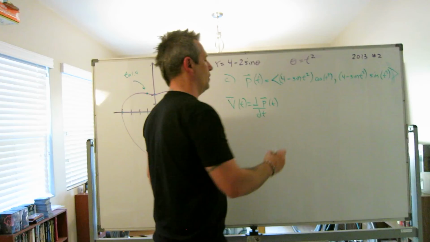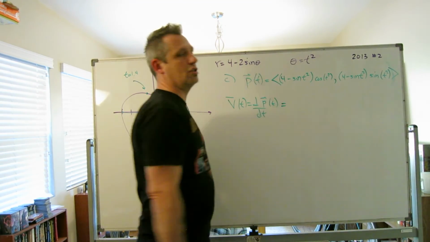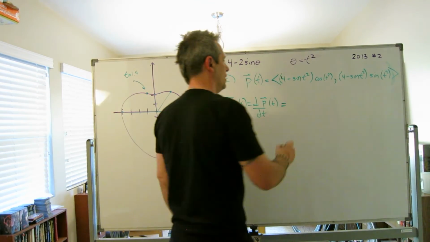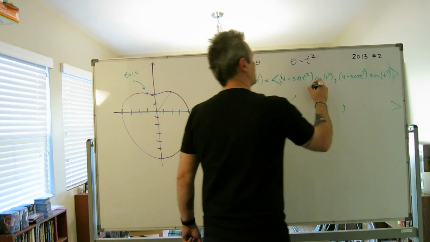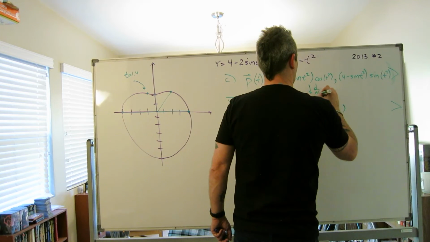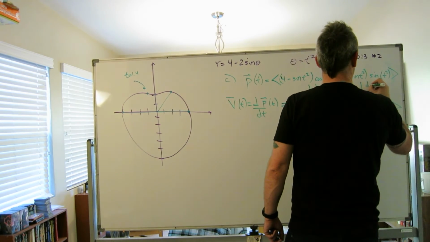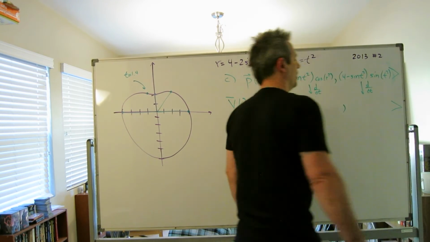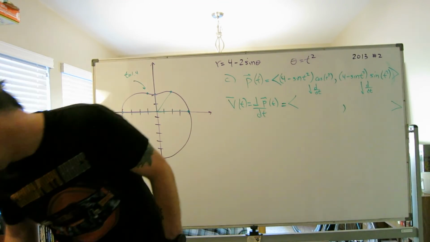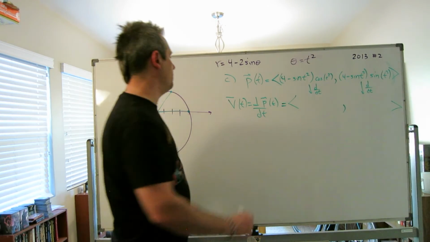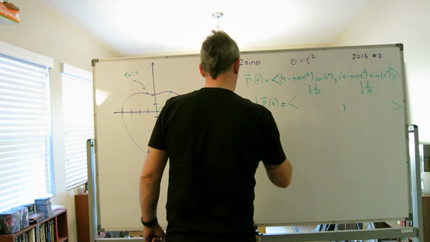So in this case, it's going to be the derivative of these things right here. So I'm going to have to take the derivative of each one of these pieces, d dt of that, and d dt of that. And then what I'm going to do is plug in t equals, I believe they wanted 1.5. Yeah, they want v of 1.5.